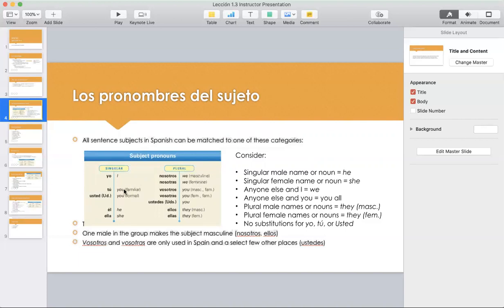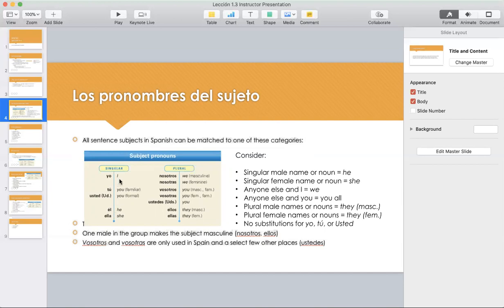Then in Spanish, we also have what in English you don't: the informal and the formal, what we actually learned in our previous lectures about the tú and the usted form. So let's go one by one and see which ones they are. And I'm just going to share a little secret with you: most of them are not even used in Spanish. You will learn how they are already incorporated in the verb.